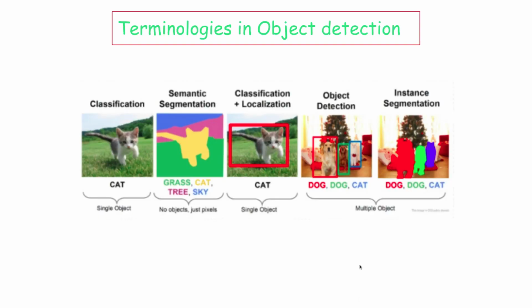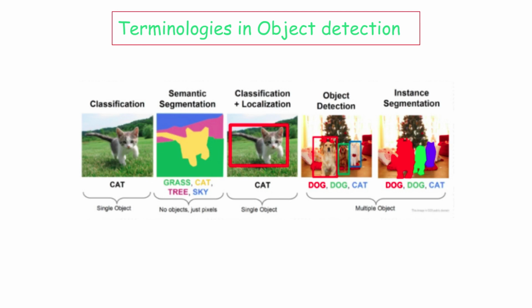So now, first of all, let's go through terminologies in object detection. You will find this very often where there are some algorithms which just do the classification part, which will tell you that there is a cat or not a cat in the image.